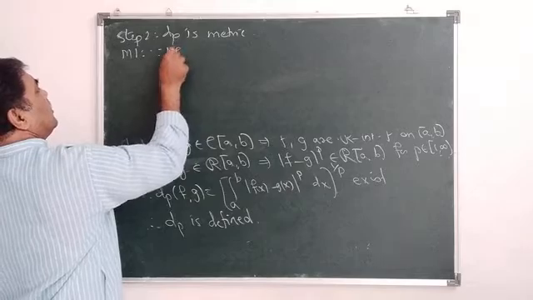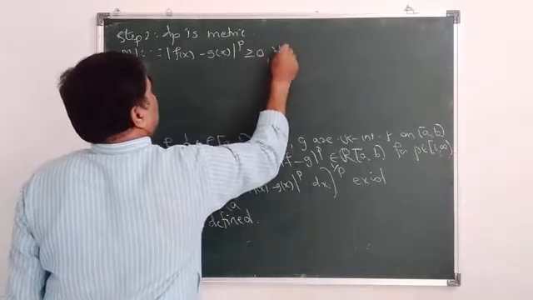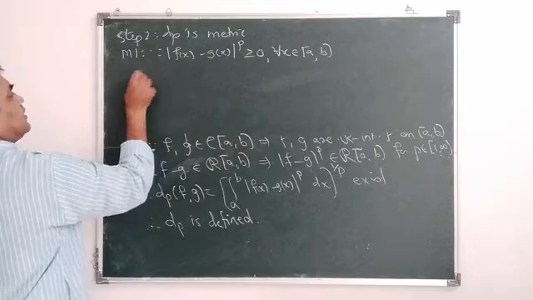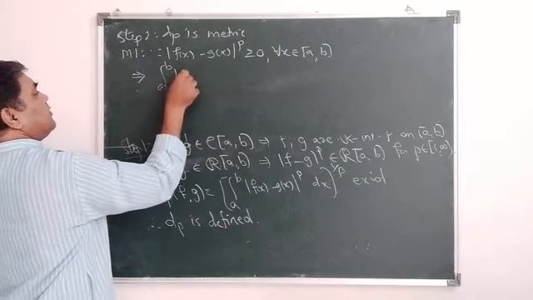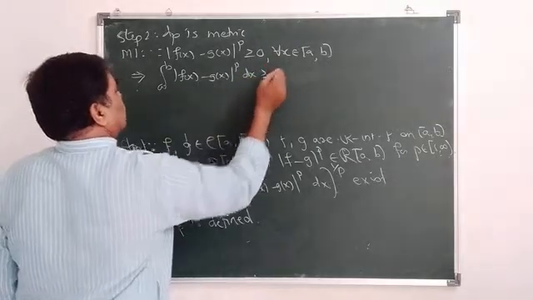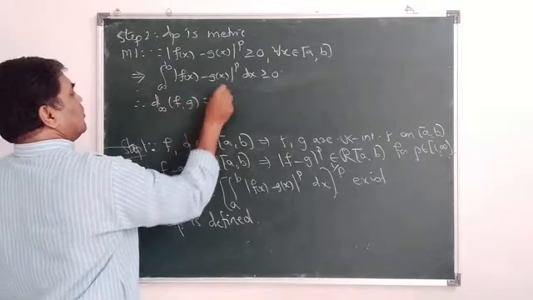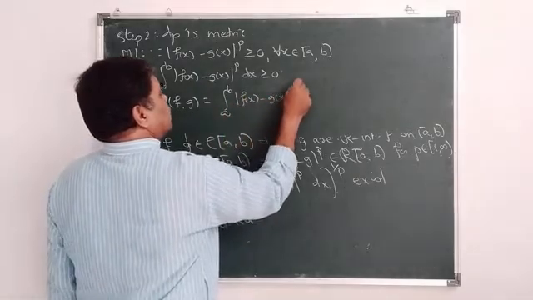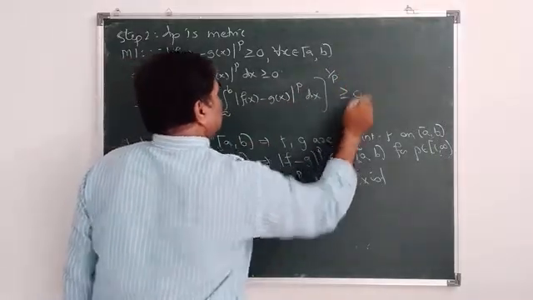Since mod of f(x) minus g(x) raised to p is greater or equal to 0 for every x belonging to [a,b], this implies the integral of a to b of mod f(x) minus g(x) to the power p dx is greater or equal to 0, and therefore d_p(f,g), which is the integral of a to b mod f(x) minus g(x) raised to p dx, whole thing raised to 1 by p, must be greater than or equal to 0.